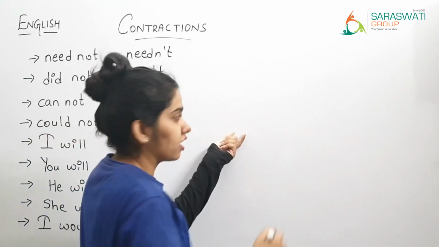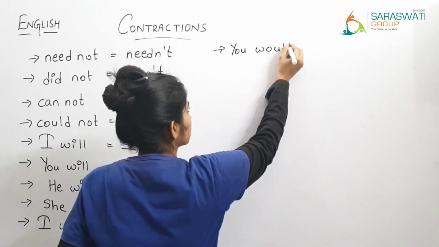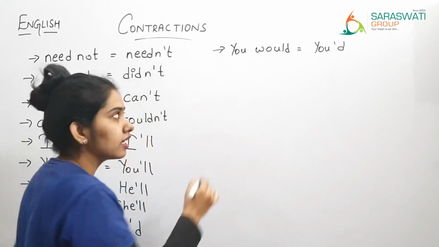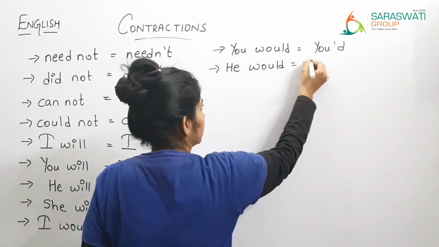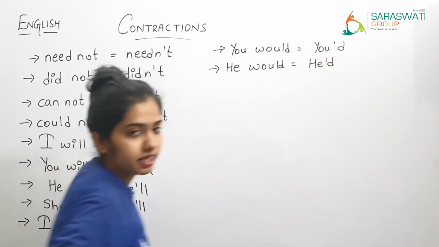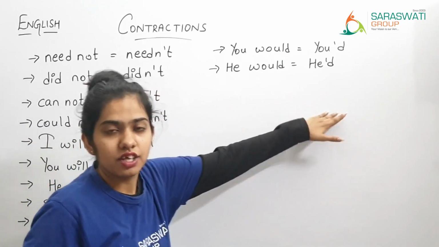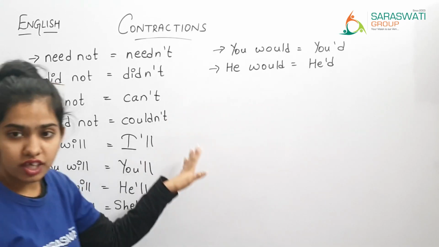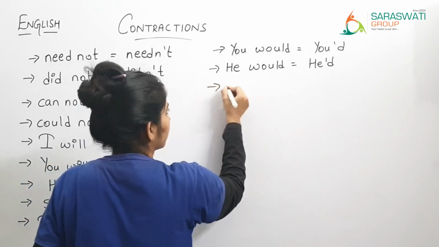In the same way, you would: so you apostrophe D. He would: so he apostrophe D. She would, then she apostrophe D. So in this way, if the word would is there, then you are supposed to use apostrophe D only. Okay? Then afterwards, the next is I have.